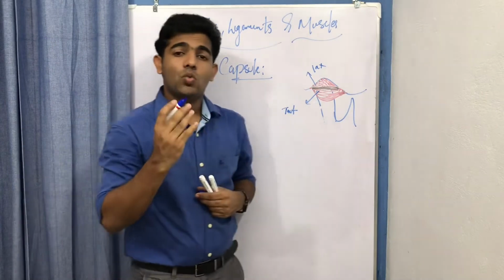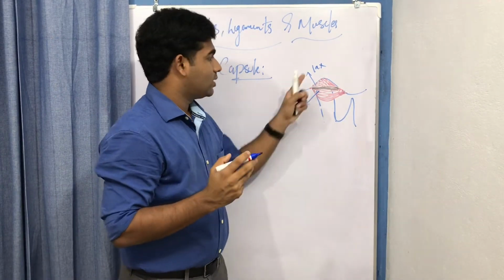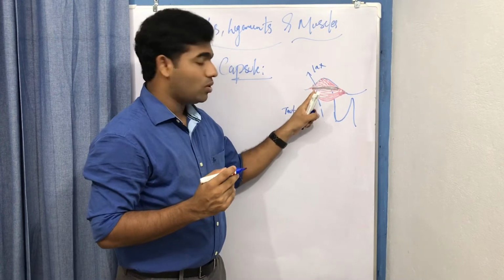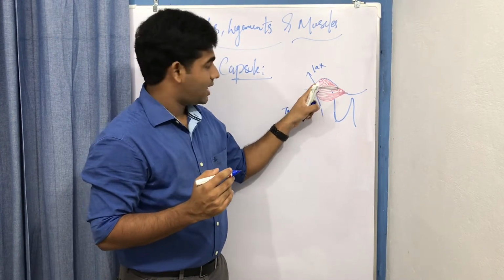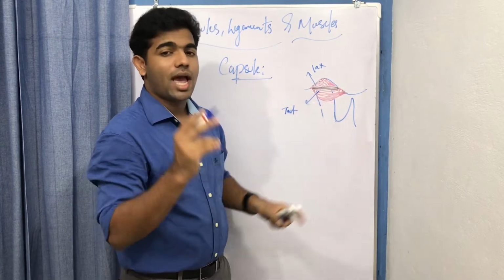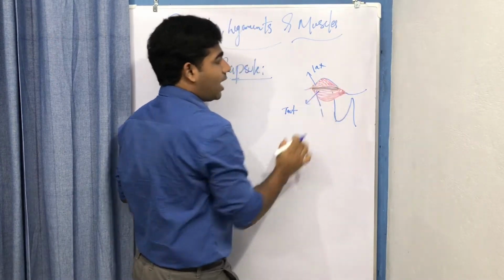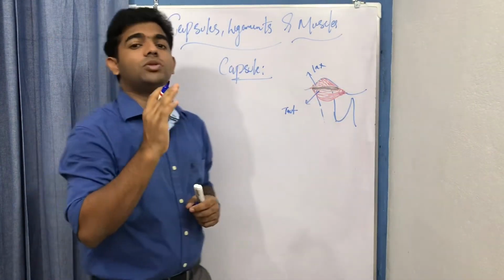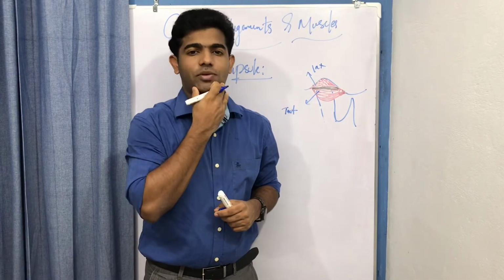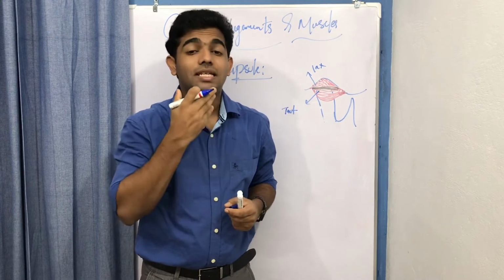Can you guess why the superior portion is lax and the inferior taut? That is because the motion in the temporomandibular joint should happen in the superior region. To allow motion, the capsule should not be too tight, because the temporomandibular joint is a relatively mobile joint. It has different degrees of freedom, and mobility is very essential.